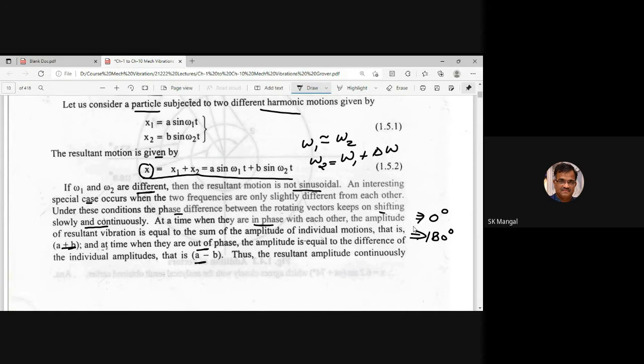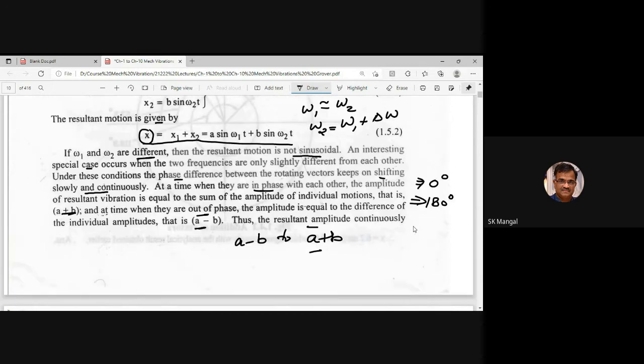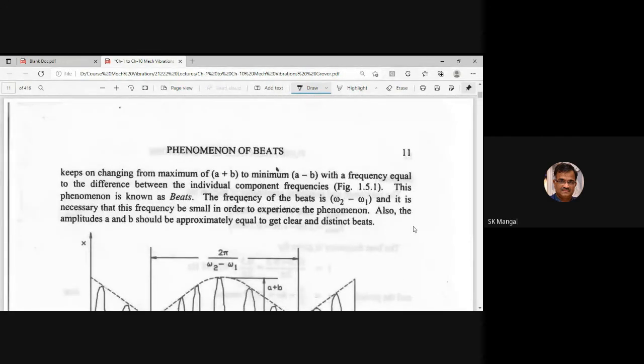The resultant amplitude will continuously vary from A minus B to A plus B. And the frequency of this will be equal to omega 2 minus omega 1, nothing but delta omega. So this whole phenomenon is known as the beat phenomenon, and the frequency of the beat is given by omega 2 minus omega 1.